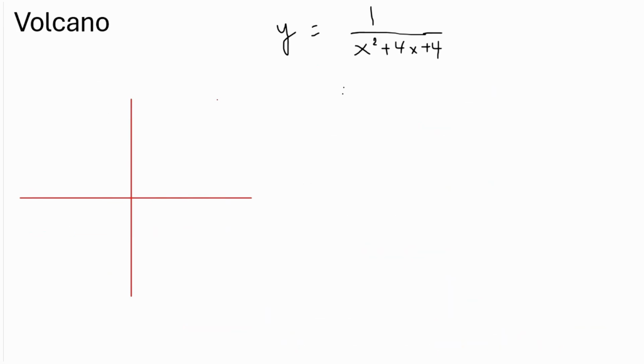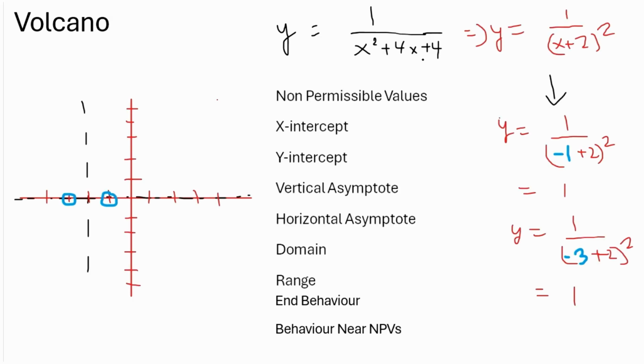So now the next type of graph is the volcano graph. So first what you do is you always factor this, and it becomes x plus 2 whole squared. Then, first thing, you put in your asymptote. This is a plus 0 here.